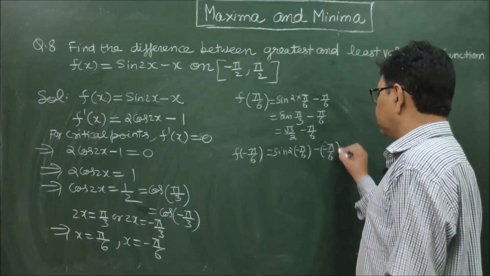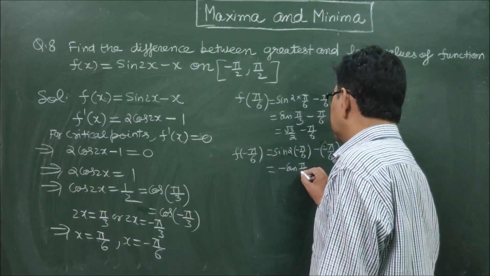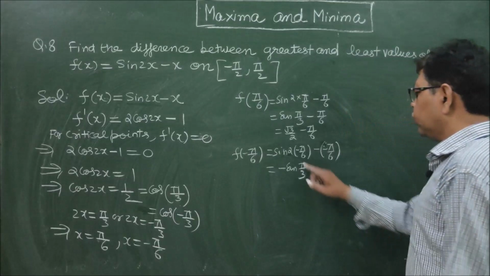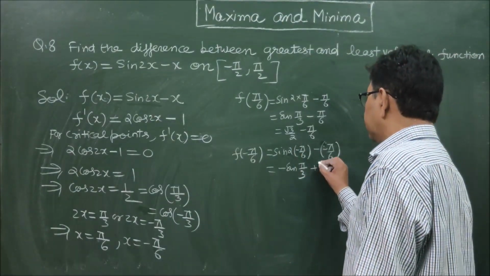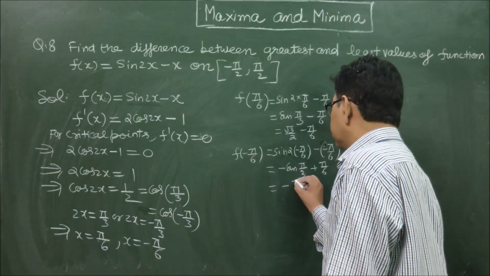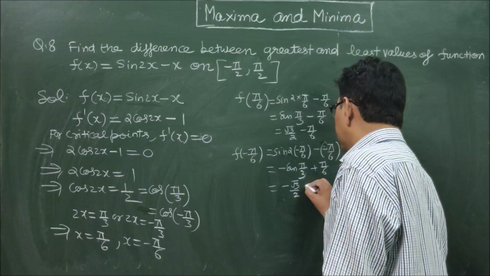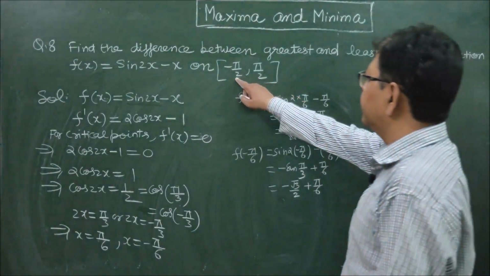So this is equal to minus sine pi upon 3 plus pi upon 6, because sine of minus theta is minus sine theta, and minus sine pi upon 3 means minus root 3 by 2 plus pi upon 6. Now let us find the value at these end points.